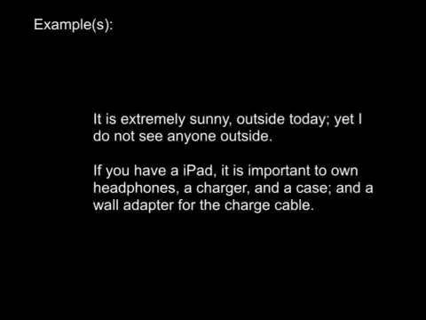So, there's a semicolon here, and this and this could each be a sentence. They are combined by the semicolon. So the semicolon replaces a word like and in this case. I could say, it is extremely sunny outside today, and yet I don't see anyone outside.